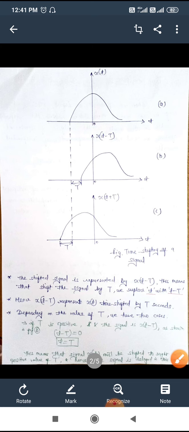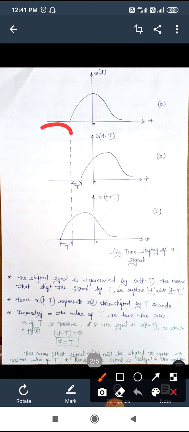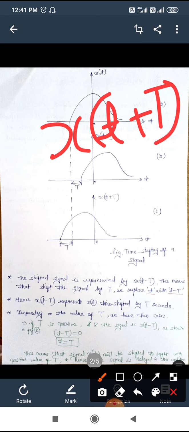Here in the second case, if we have the signal x(t plus T), it represents the time shifted by T in the negative direction. But how can we see whether it is shifted toward the right or toward the left?